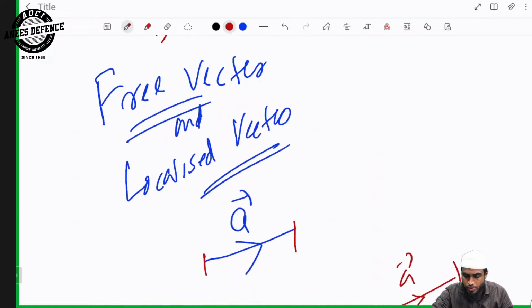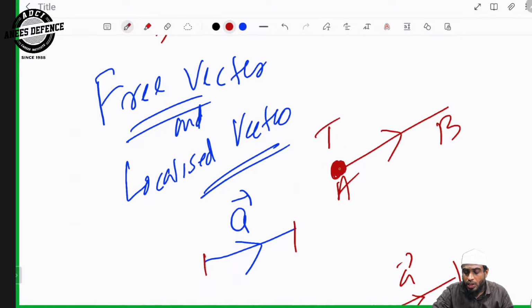Localized vector means a vector is like this from A to B. If the initial point is fixed, like fixing a stick with a nail, that stick cannot be removed from that point. Similarly, if the initial point of a vector is fixed at a fixed point, then you are not allowed to take that vector to any position.